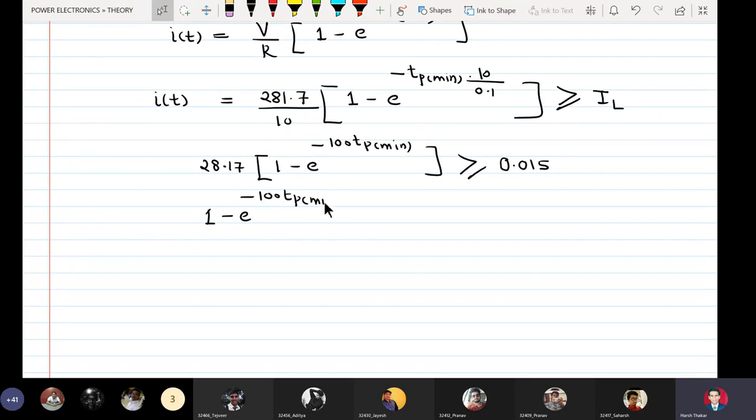Solving it now, we have 1 minus e raised to minus 100 Tp min is greater than or equal to 5.32 into 10 power minus 4.